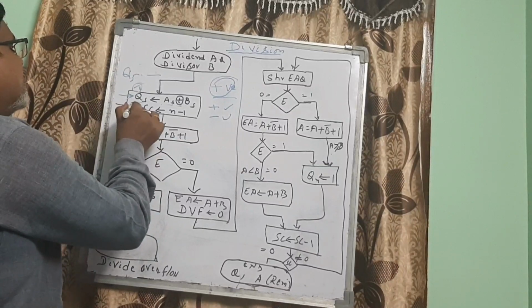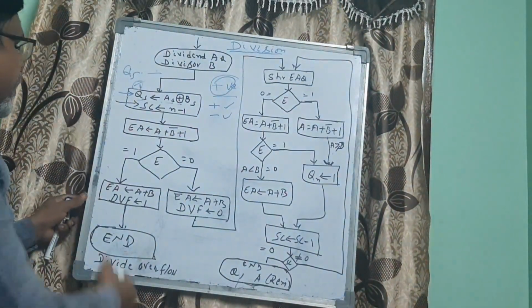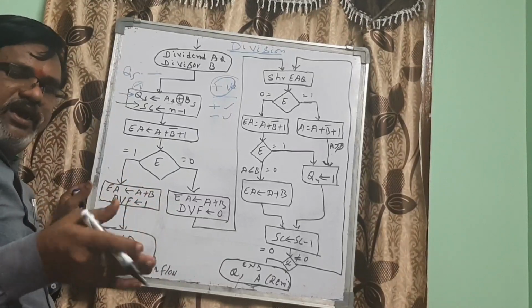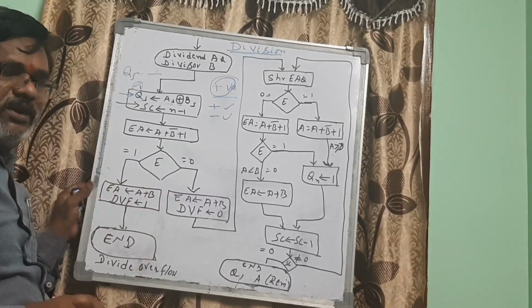And the sequence counter, as I told you, for every division operation gets decreased by 1, just like in the multiplication algorithm.